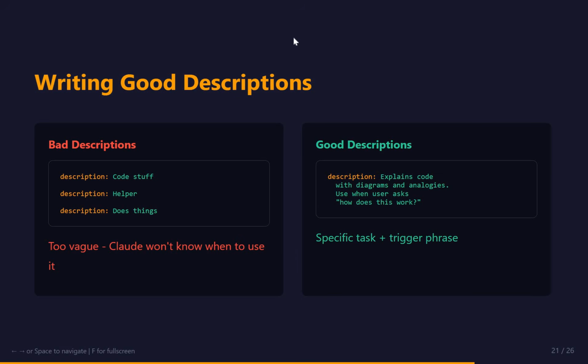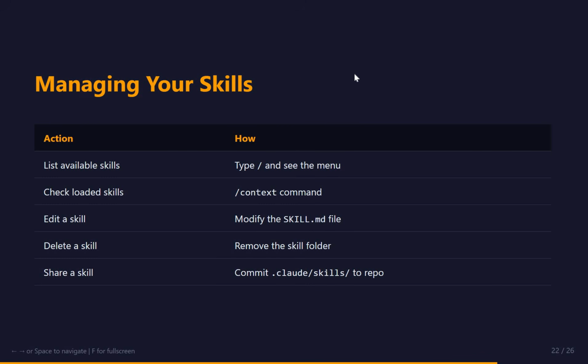This is about writing a good description. As I said, don't just put "helper". Give some context, like "explain the code with diagrams when the user asks how this works". That's a little more context for the AI. Don't just put one line like "how does this work", that's too vague.